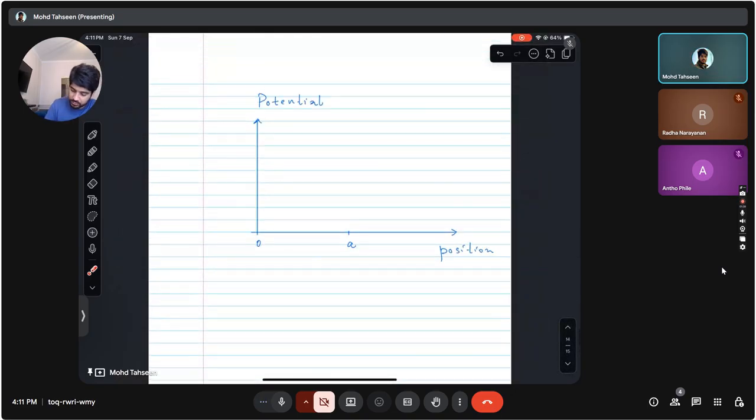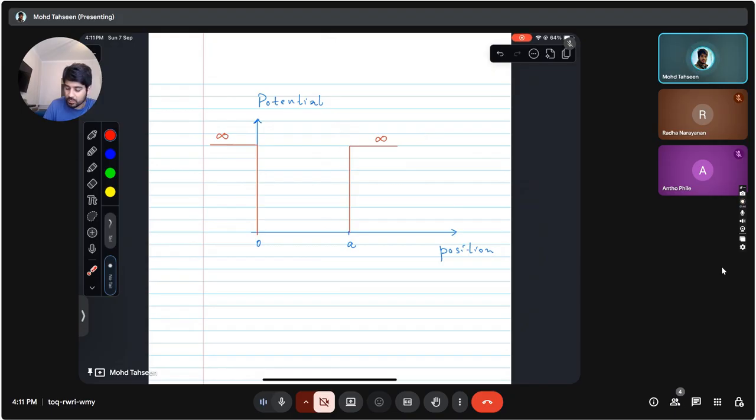So for this confinement region, how do I impose this confinement? This confinement is guaranteed if the potential outside of this region is infinite. If the potential is infinite, it means that the electron cannot jump this potential, because it will need an infinite amount of energy, right?